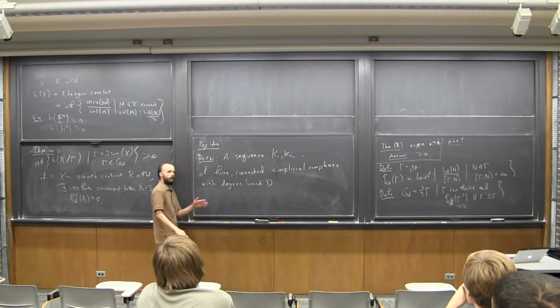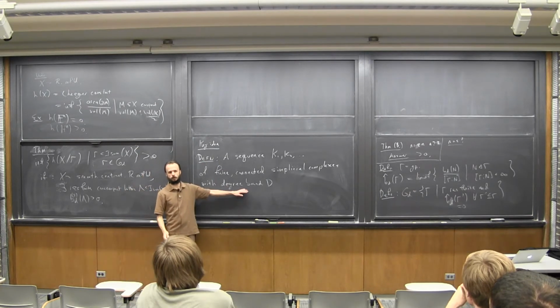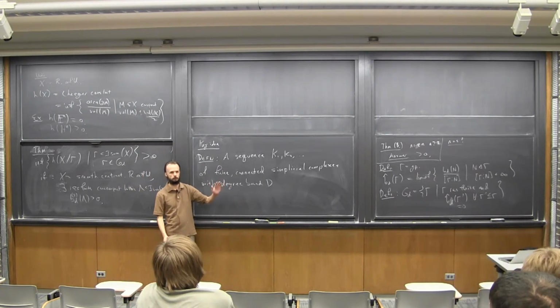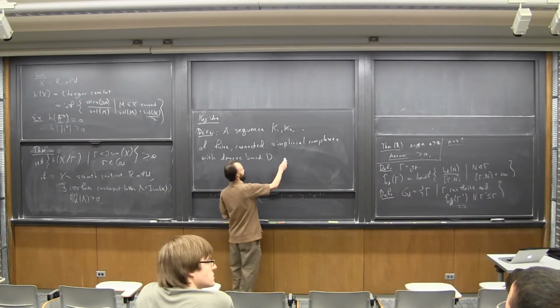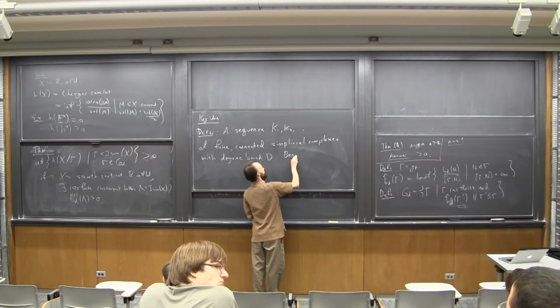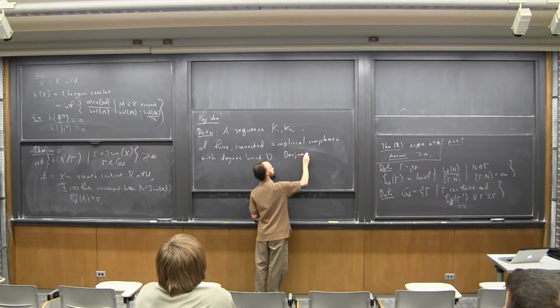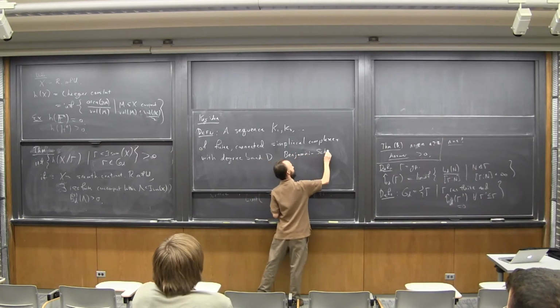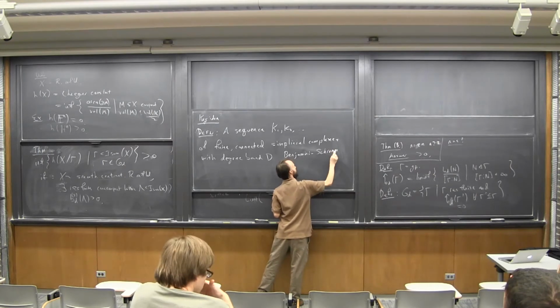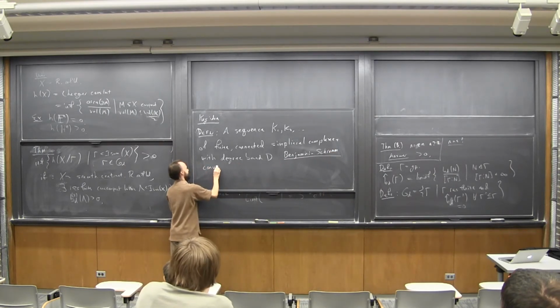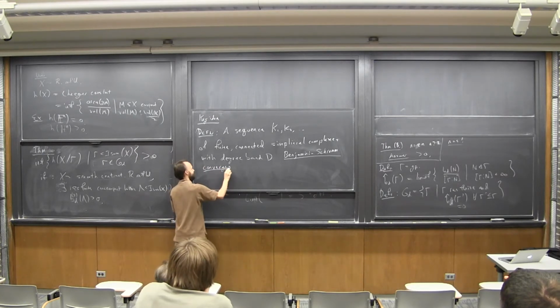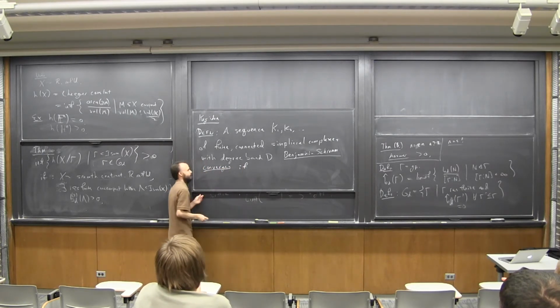With a degree bound, so all of the vertices have degree at most d. We'll say that this Benjamini-Schramm converges if the following is true.